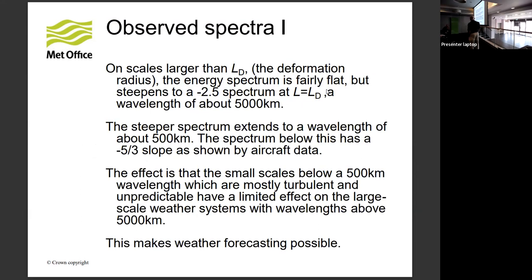Between 500 kilometers and 5,000 kilometers in terms of wavelength, you get a very steep energy spectrum, and that means there's a rather weak coupling between weather systems, which scale larger than the deformation radius, and the small scale turbulence. That's the only reason the weather forecast works.